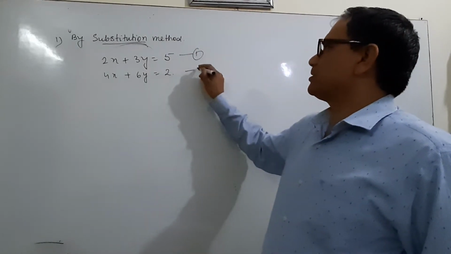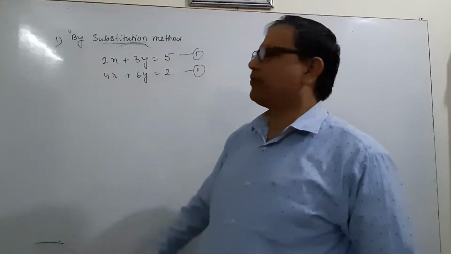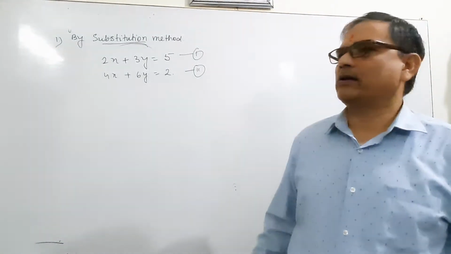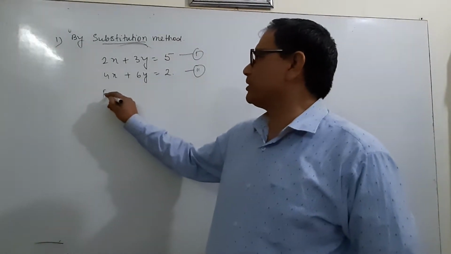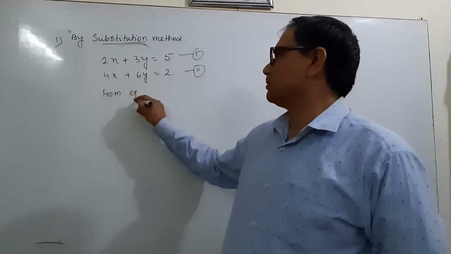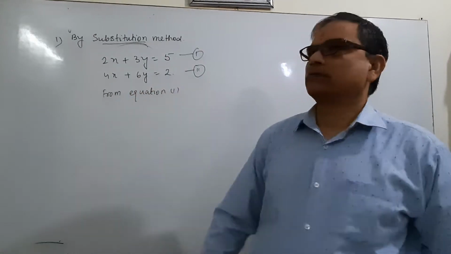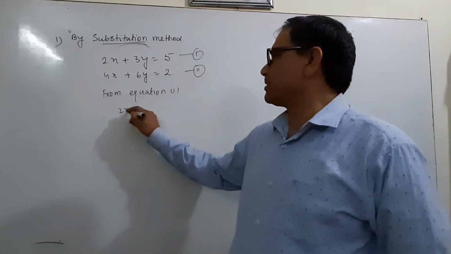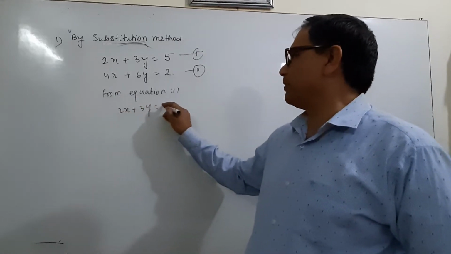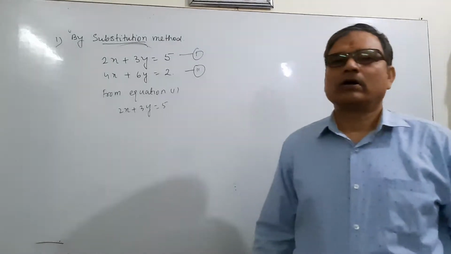What we have done first, from equation first, I think now you know it very well: 2x plus 3y is equal to 5. What we have to do?